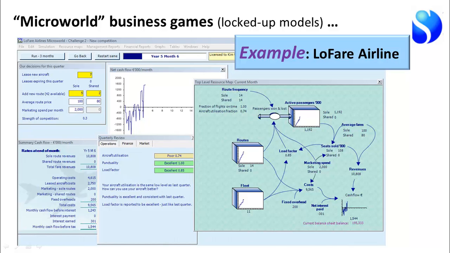Let me just backtrack here. Let's say you've given a group of students a task to go away and do some learning with one of the models or one of the microworlds. Those students could be in four different parts of the world. If they use one of these online meeting systems, one of them could run the game on their laptop and share it with the three or four other people in their team over the web.